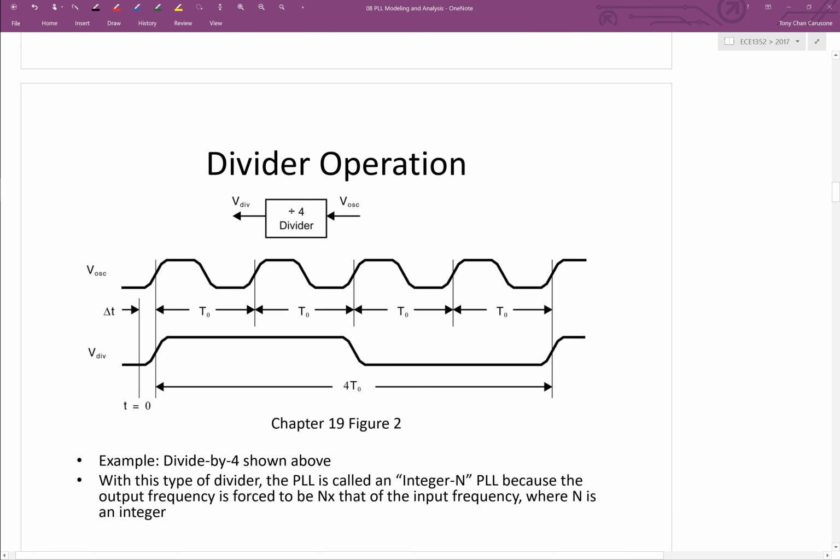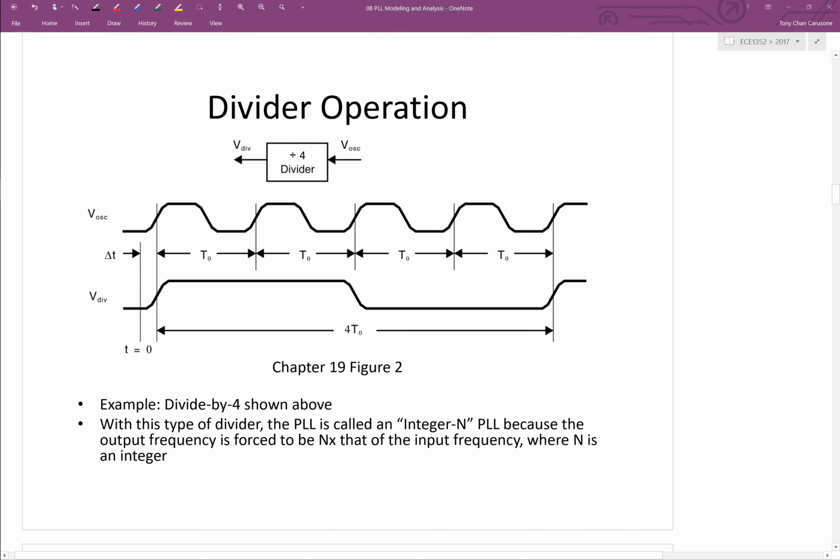So think about, we haven't talked about divider circuits yet, but it's not hard to imagine a circuit that does this. You can use some types of counters or just toggling flip-flops, and there are lots of different ways these can be made. You can imagine anyway, conceptually, but this is functionally what it does.